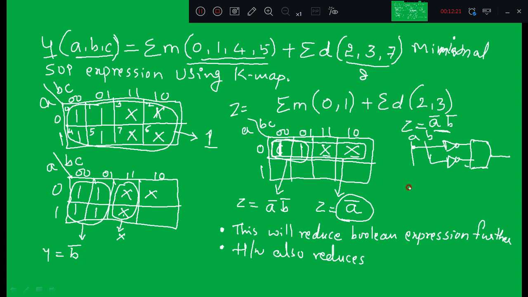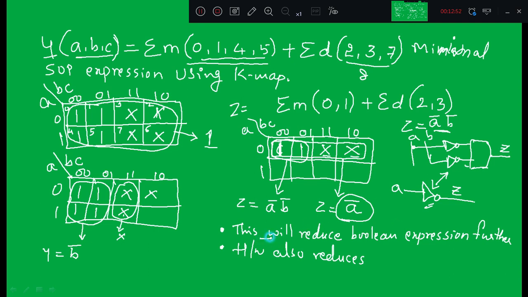If I include don't care terms, then I require only one NOT gate, and this will be your output. So from these two you can observe that the hardware requirement reduces. Instead of having two NOT gates and one AND gate, I require only one NOT gate to implement the same given expression.